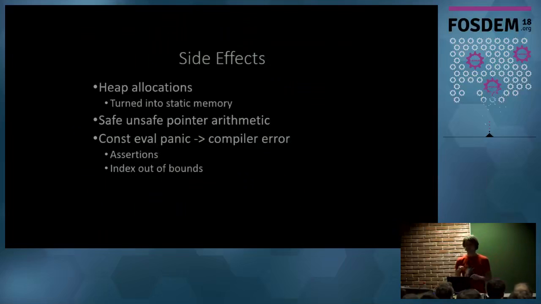A side effect of using all of this in const evaluation is you can start doing heap allocation in constants. Well, you can't. We disabled it, but we will be able to do that in the future. So you can do strings. You can do serde decoding of JSON files at compile time, convert that into a structure, store that structure in static memory, and then you have your configuration already parsed, already checked for errors, everything at compile time in memory. You can just say, okay, what's the setting?